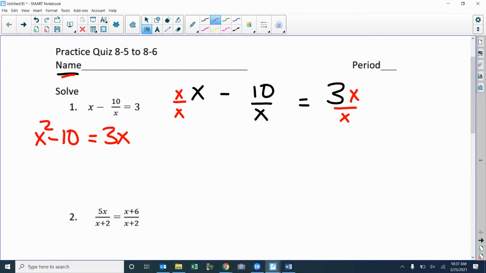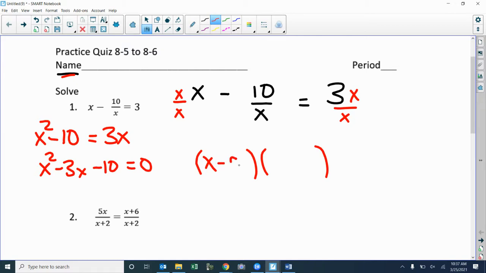Now I'm going to bring this 3 to the other side. So I'm going to have x squared minus 3x minus 10 equals 0. Quadratic. We need to factor. Factors of 10 with a difference of 3 would be 5 and 2.